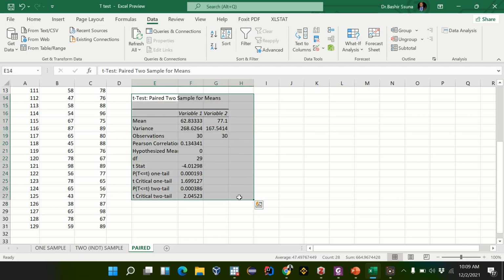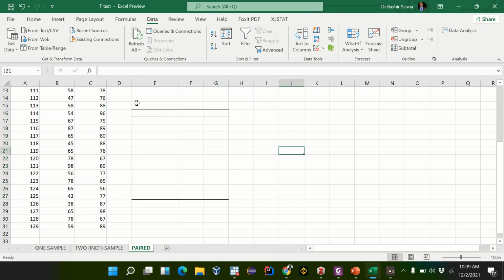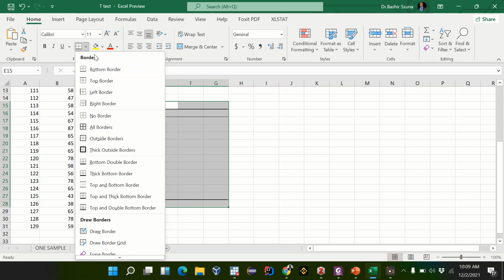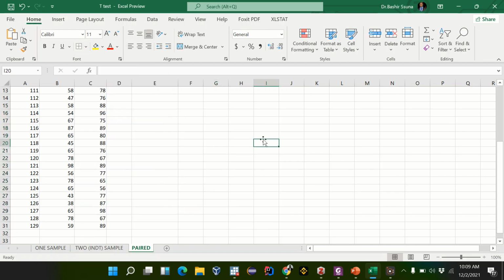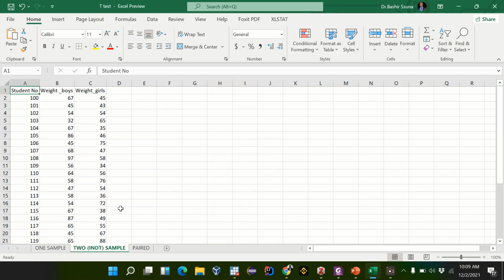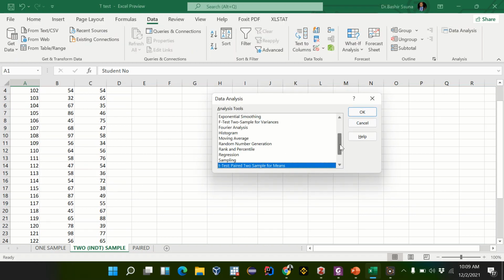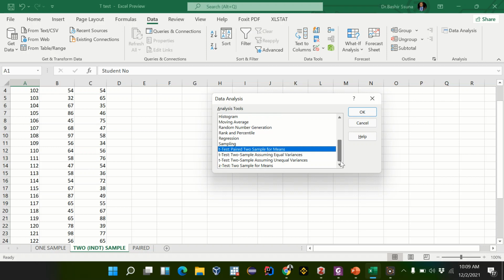So we can remove this since we are going to use this in STATA. We can now go to the independent t-test. Still we go to Data Analysis. Excel doesn't have a one-sample test; it has only two samples.